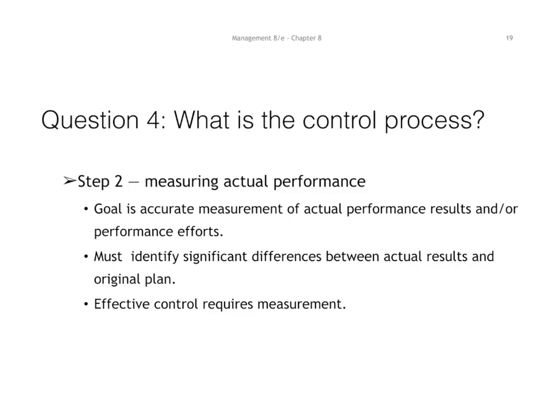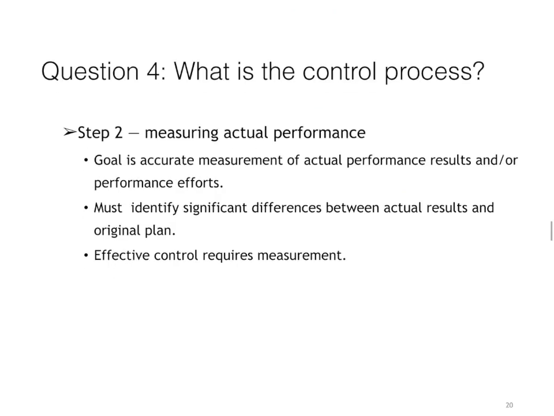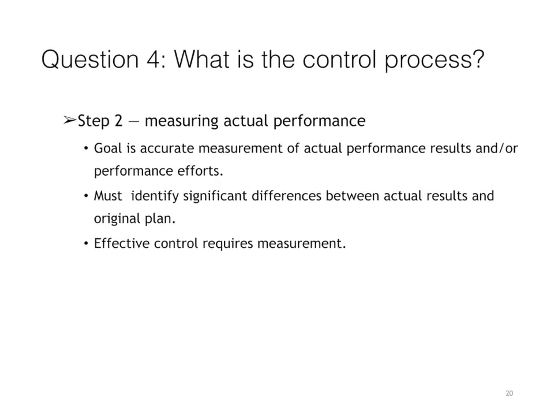In step 2, we have to measure actual performance. In the controlling process, the goal is accurate measurement. That is the interesting step in measuring actual performance. In the learning process, we have measuring tools, such as tasks, assignments, and tests. These measure your performance in the learning process, by any method.